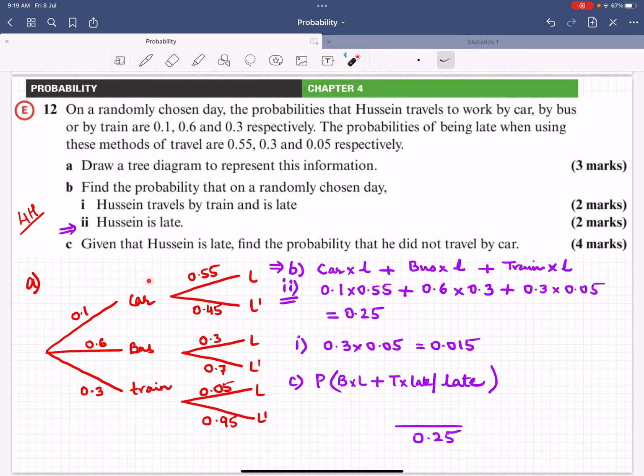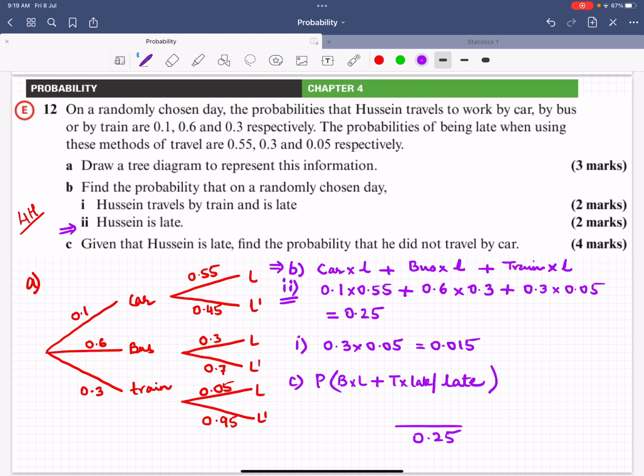If he is not traveling by car, it means he either traveled by bus and he got late, or he traveled by train and he got late. So that is our numerator: bus and late, or train and late.